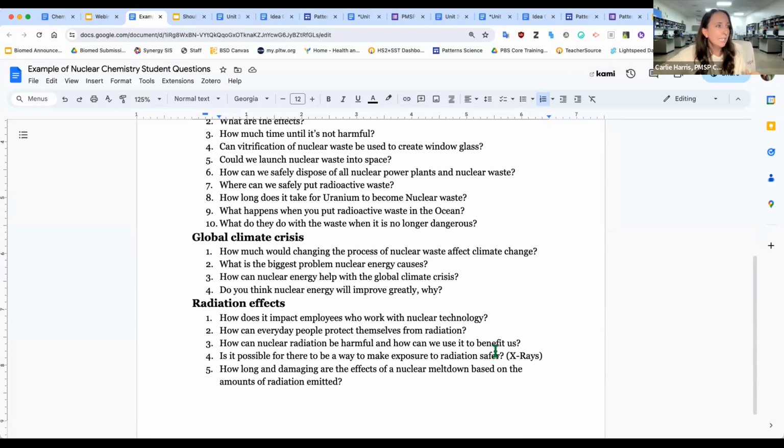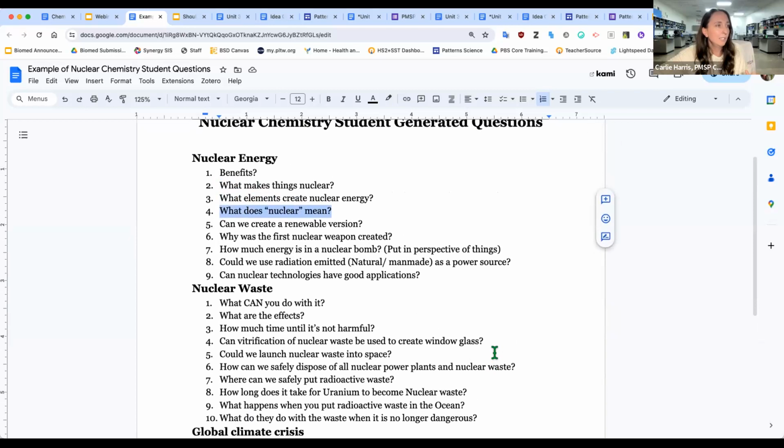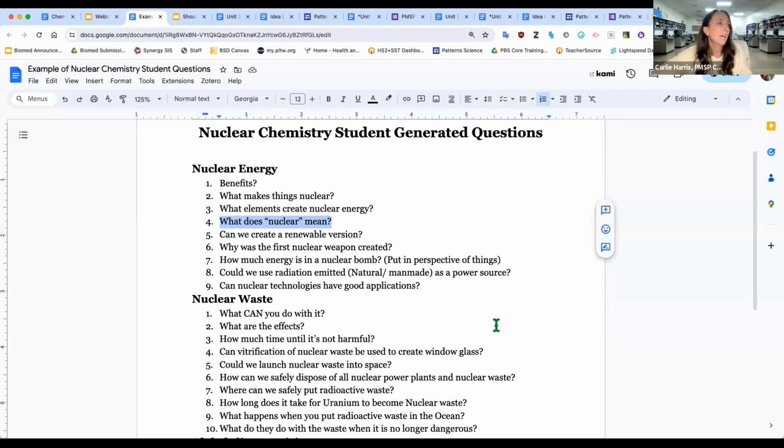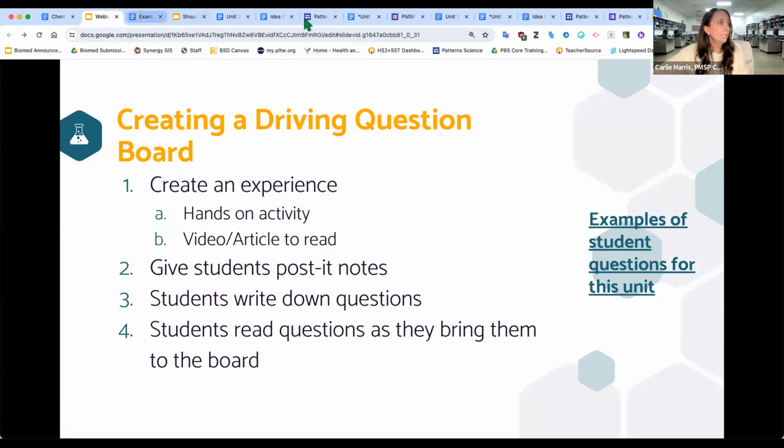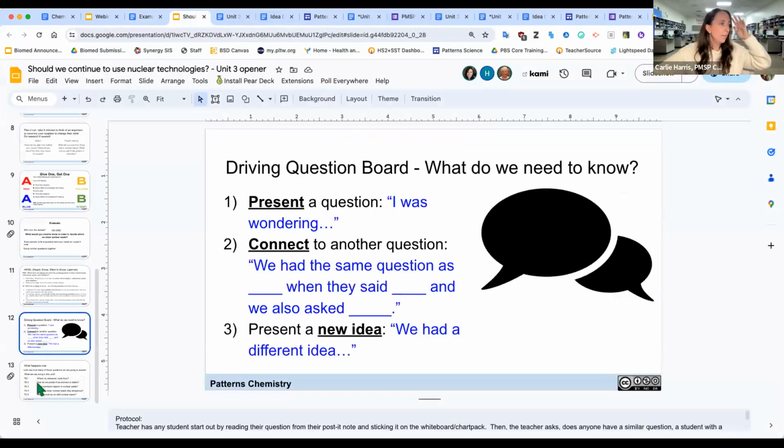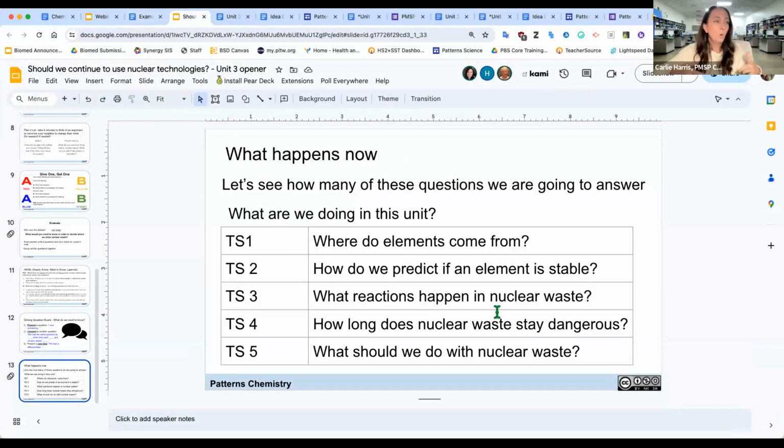So just take a look at this. It's here to give you some ideas to help encourage you to create this driving question board for our students to be engaged and to share their voice. And you can share with students, okay, these are some of the questions that we're going to be exploring.